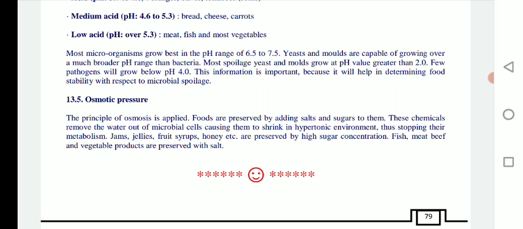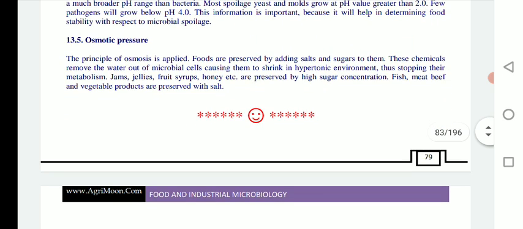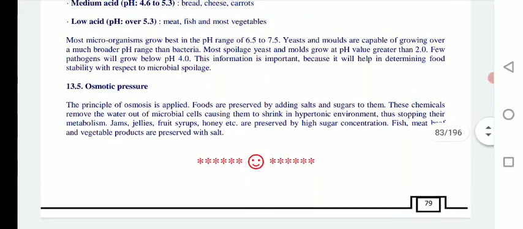Then next, osmotic pressure is another physical process required for preservation of food, and the principle of osmosis is applied. Foods are preserved by adding salts and sugars to them.